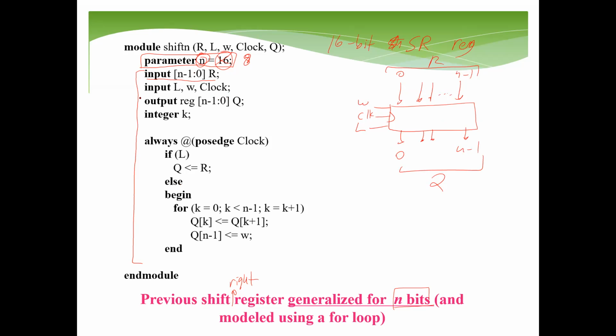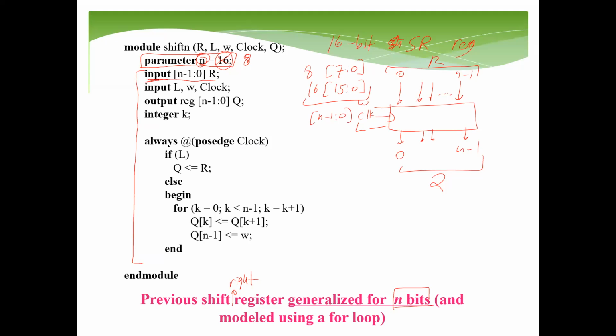Now, the declaration of the input and output is going to be the same, except that we're going to use the value of n to determine the size. So for an 8-bit register, your vector should go from 7 to 0. For a 16-bit register, your input goes from 15 to 0. That means if you want to generalize these numbers, it's going to be from n minus 1 to 0.